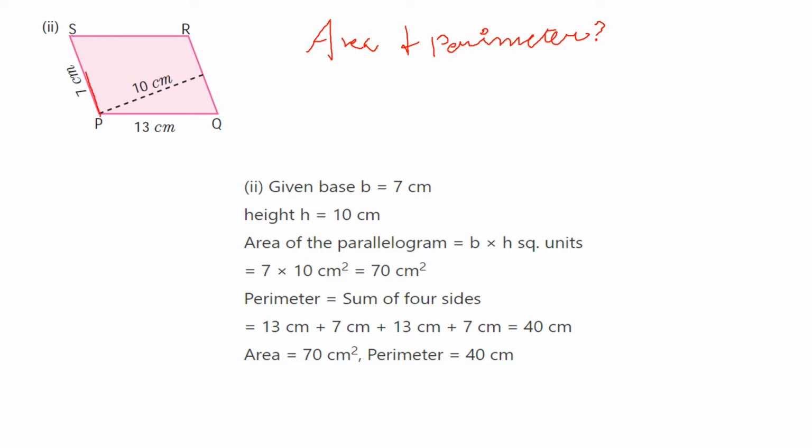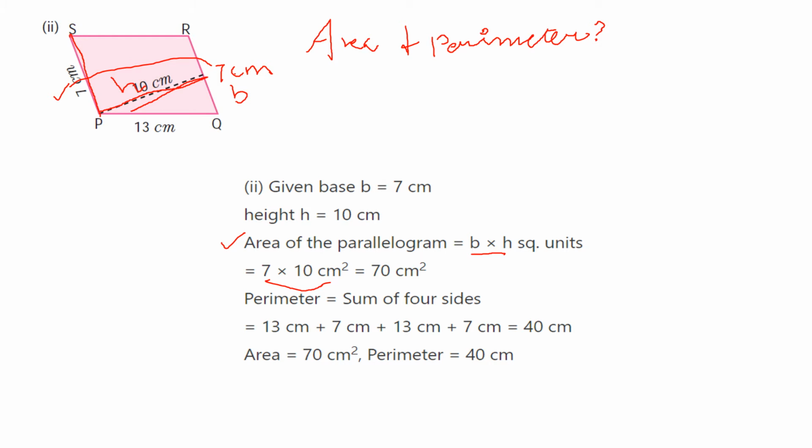Here you see the height here. Opposite sides also here 7 centimeter. So here the base you take as 7 centimeter and height is 10 centimeter. So now you do the area of the parallelogram, B into H square units. So 7 into 10 centimeter squared, 70 centimeter squared.